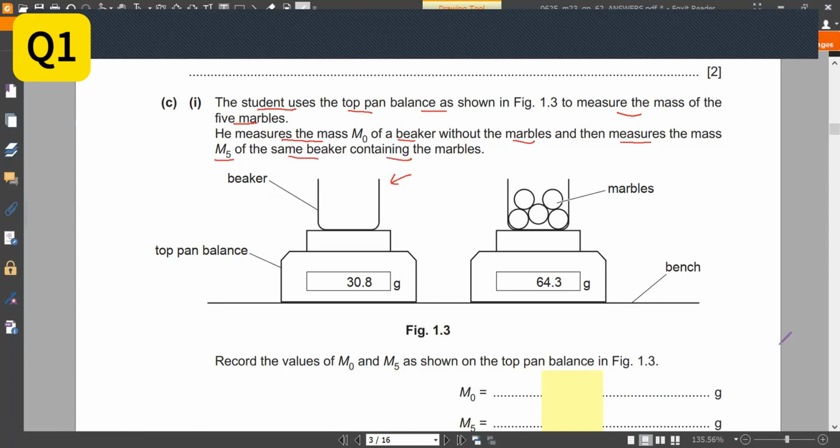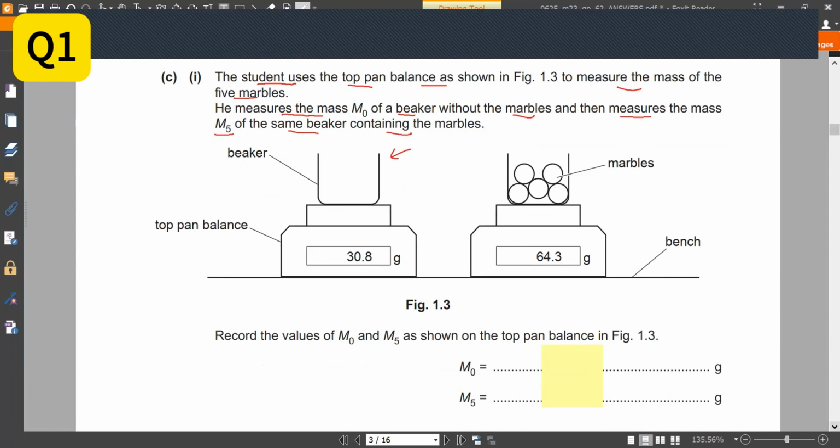So this question is very straightforward. We want to record the values M0 and M5 as shown on the top pan balance. So this will be the M0, the mass of the empty beaker. And then here will be M5, beaker plus the marbles. So we take the readings and then we record.